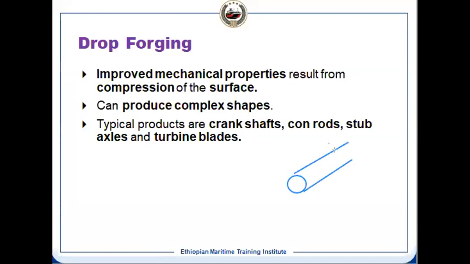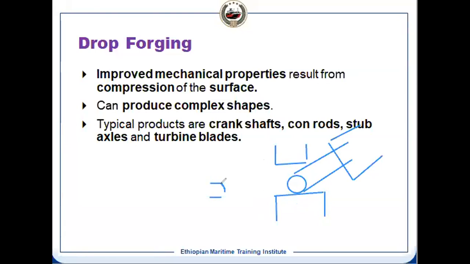We have this; we rest it on the bottom, and then we have the piston or the hammer, we call it the hammer. This hammer is operated hydraulically. It will hit this round bar.